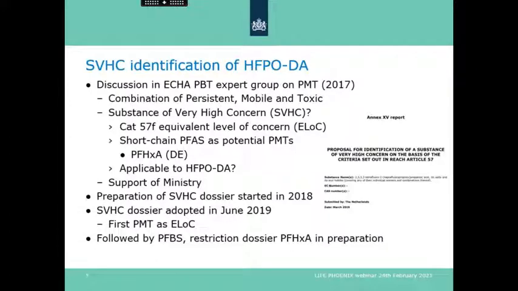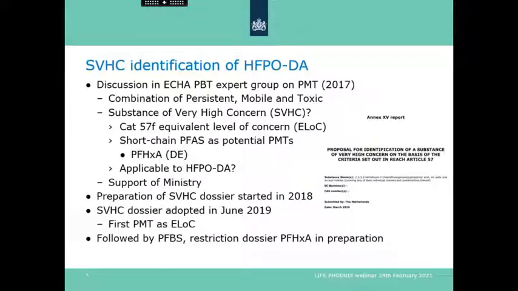So within REACH you have this category 57F, which is an equivalent level of concern to these substances. And by then, I think Germany was already quite active in the PMT area.